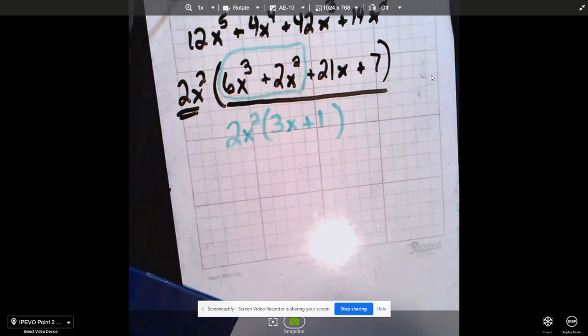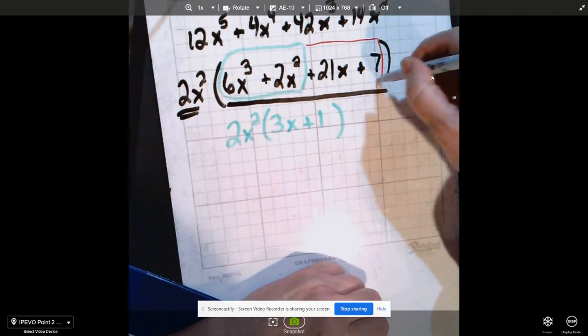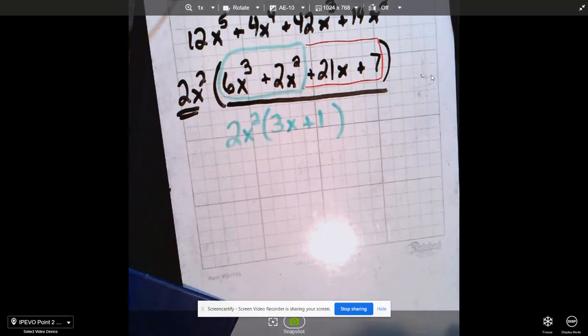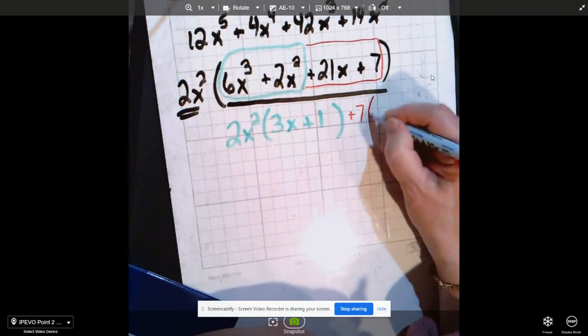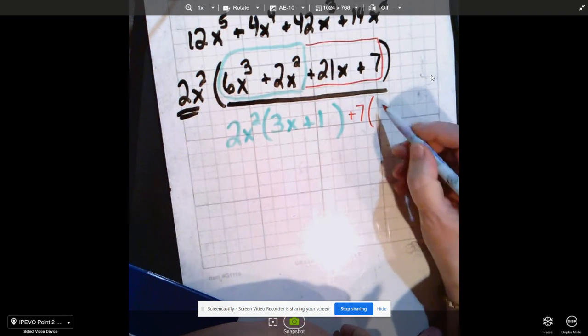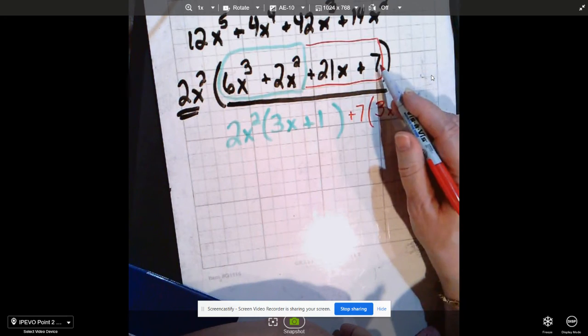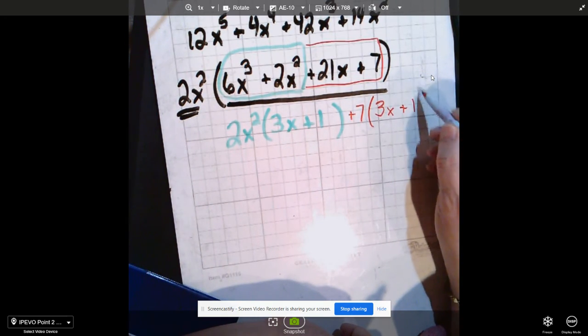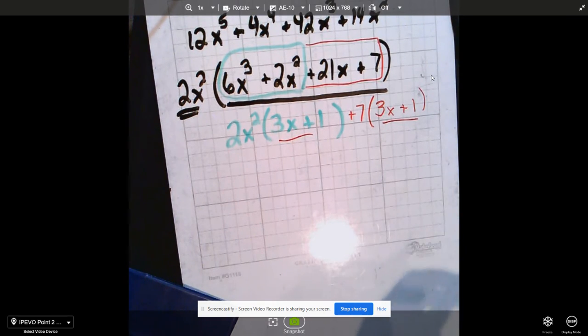Then I'm going to take a look at the next two here, and it looks like I can take out a 7. So 21 divided by 7 will give me a 3, and there's no x, so 3x, and 7 divided by 7 is a 1. That's good because these two parentheses are exactly the same.